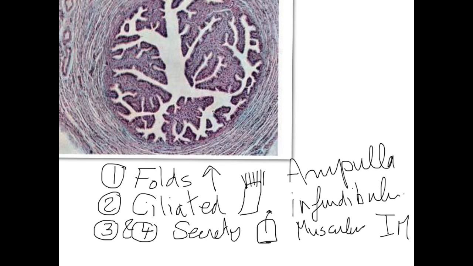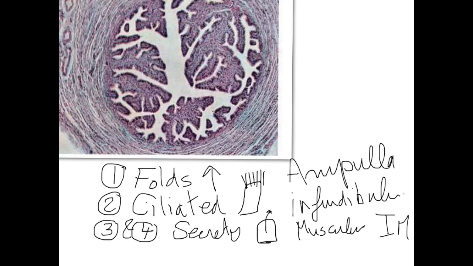Again, don't forget the function of the fallopian tube. The ciliated cells, okay, we know that the beating of the cilia will move the ovum towards the uterus.